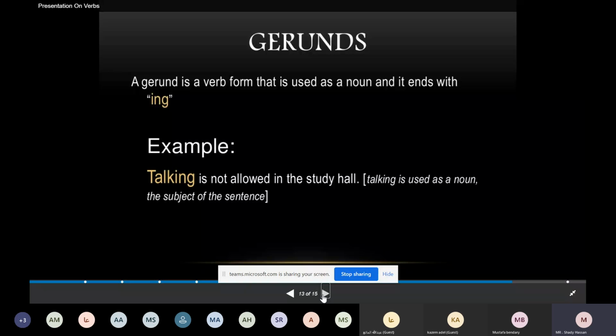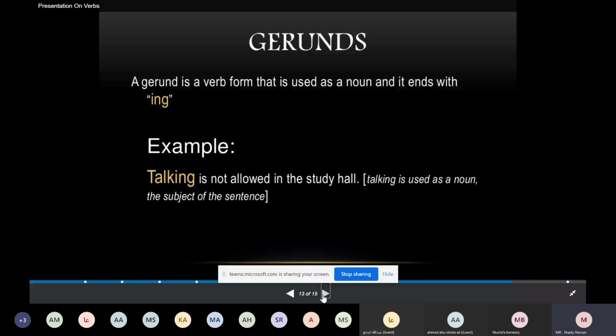The next slide, gerund. What is a gerund? Can you tell me, guys, what is a gerund? A verb used as a noun and it ends with ing. That's right. It's a verb ending in ing. Example, talking. Talking is a verb. It consists of the verb talk plus ing.